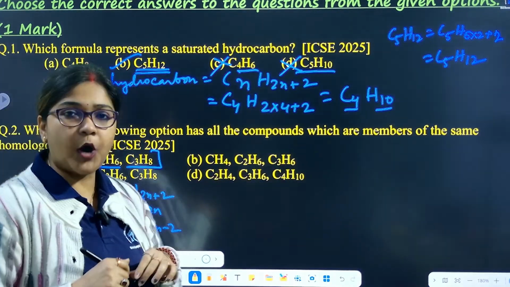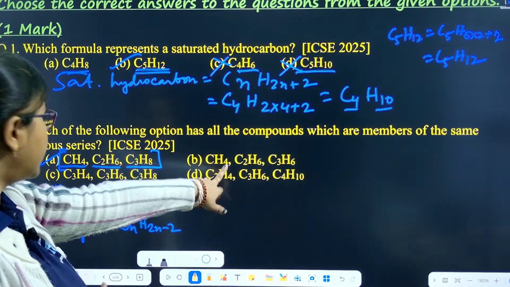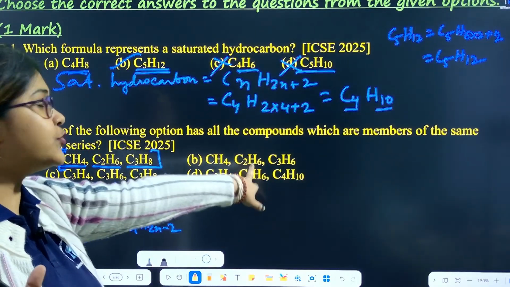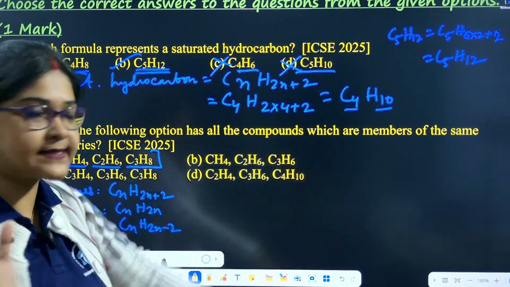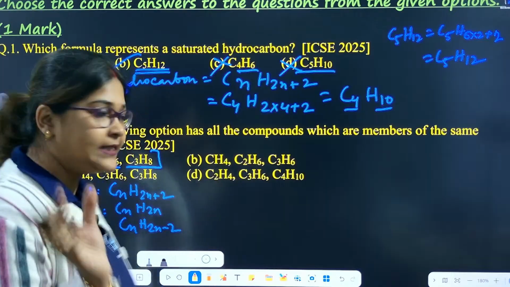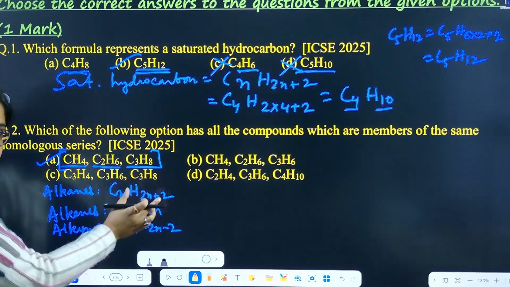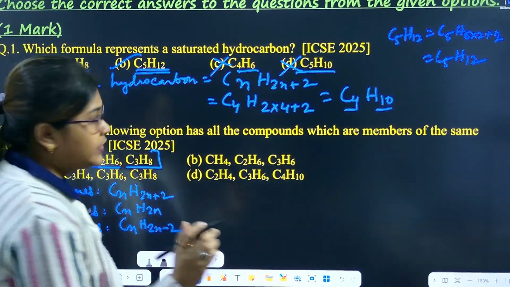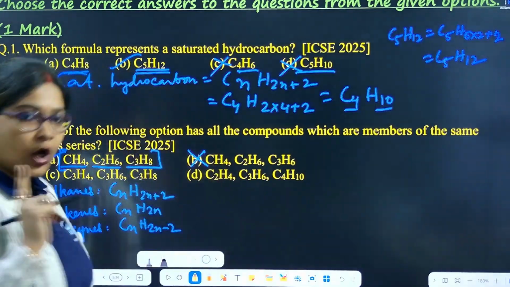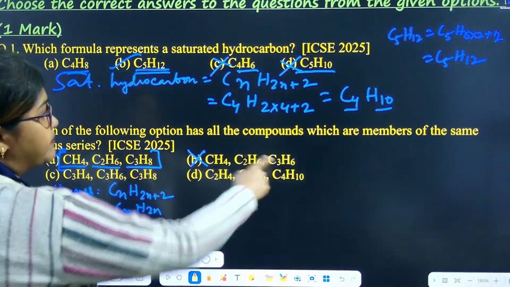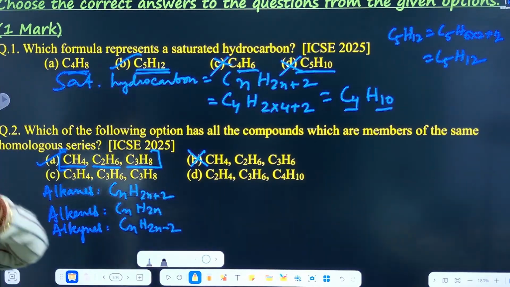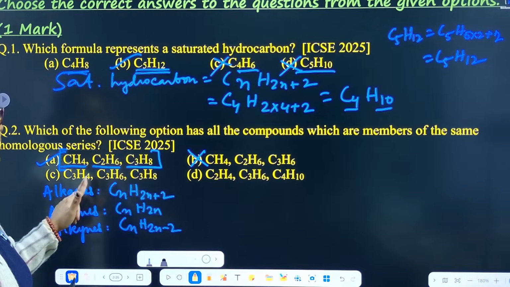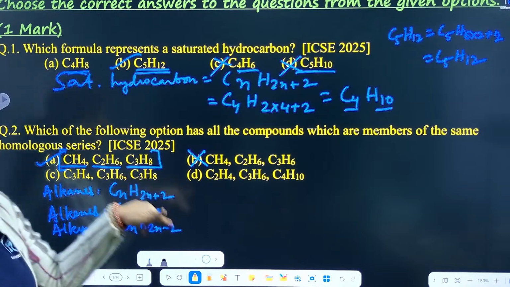If you take option B, CH4 is an alkane, C2H6 is also an alkane, but C3H6, does this formula fit in the alkane generalized formula? No. That means these are not members of the same homologous series. Next is C3H4, C3H6 and C3H8.